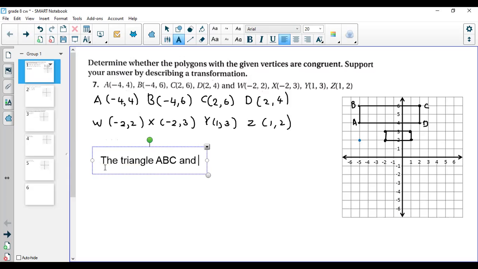Let me make it easy for you rather than writing all that explanation. So the triangle ABC and, oh, it's not a triangle first of all, it's a rectangle. Okay, so we can use the word figure.